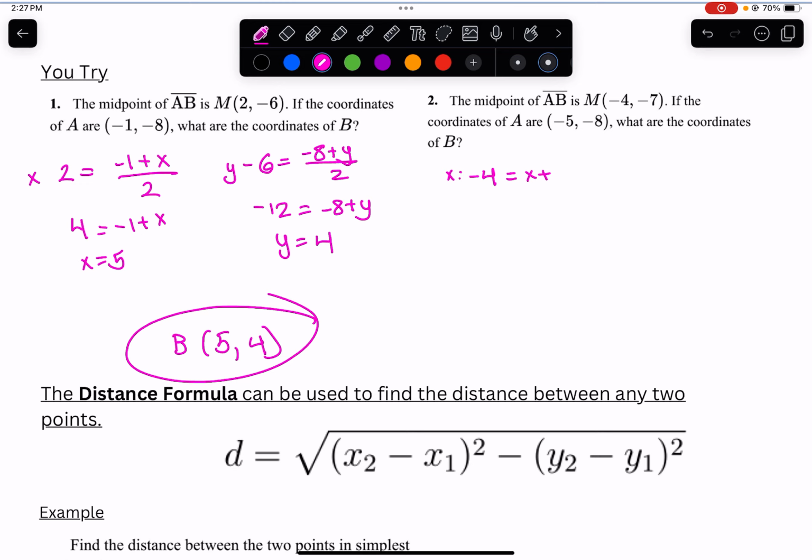And we do the same thing. So we're setting up. So we get that x is equal to -3.